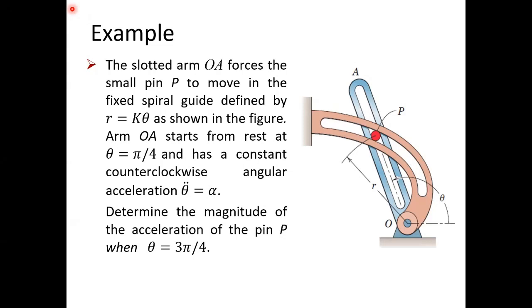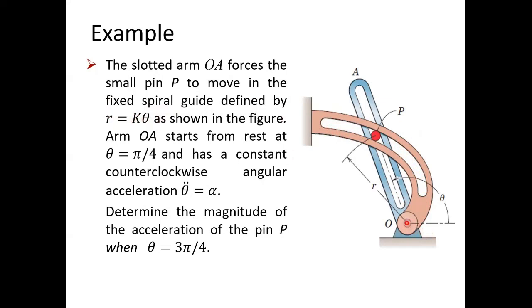In this particular example, there is a slotted arm OA. Slotted arm OA forces the small pin P to move in the fixed spiral guide. This is the fixed spiral guide defined by R equals K theta.